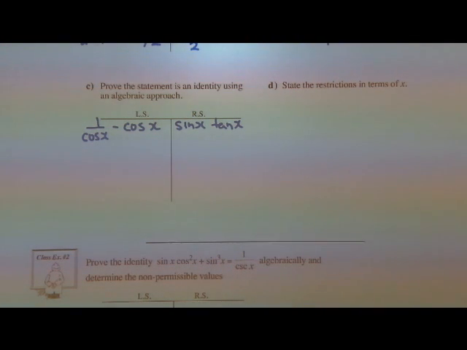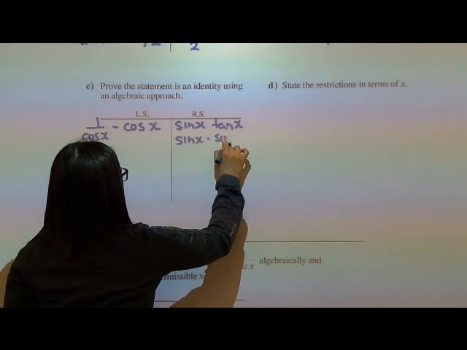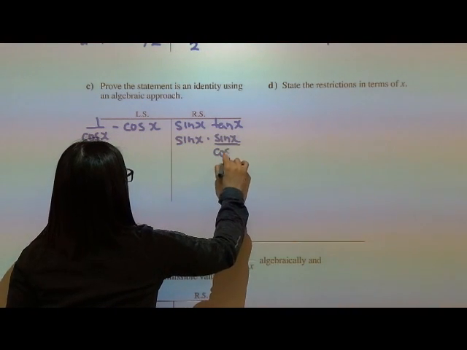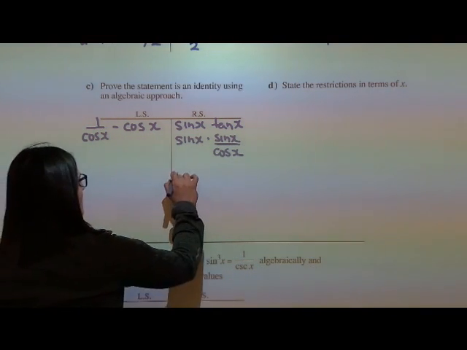So if I look at my formula sheet, can you change tan x to sine x over cos x? And then what would I do on that side if I was to keep going? Multiply times sine squared x. So multiply them together.